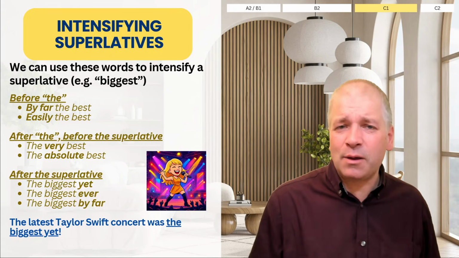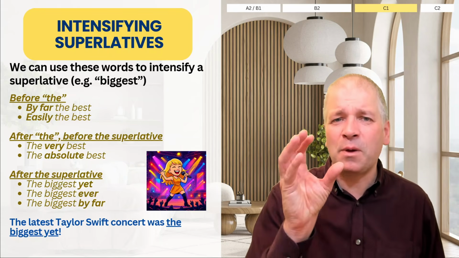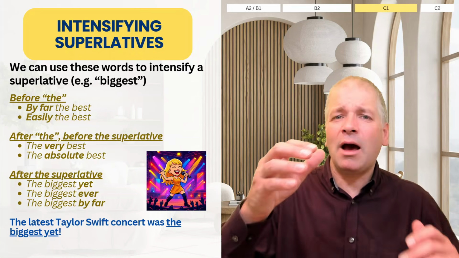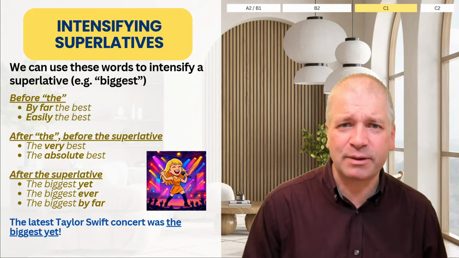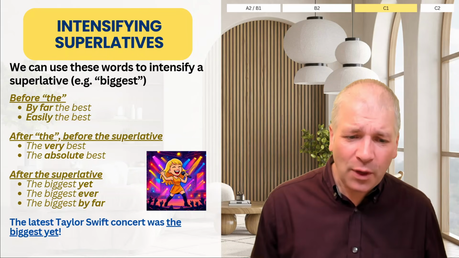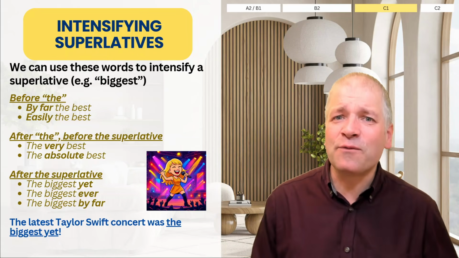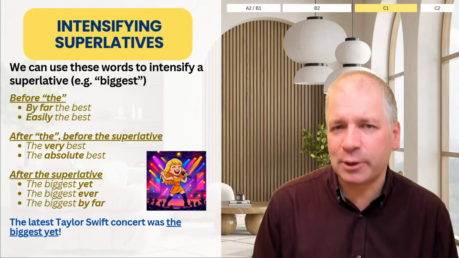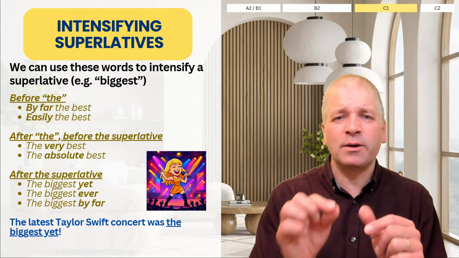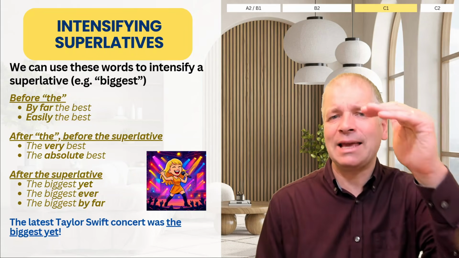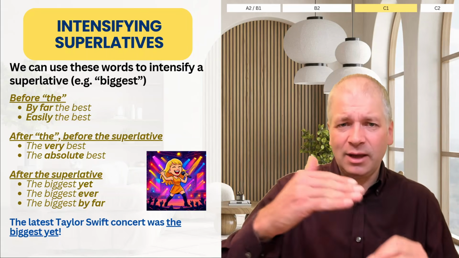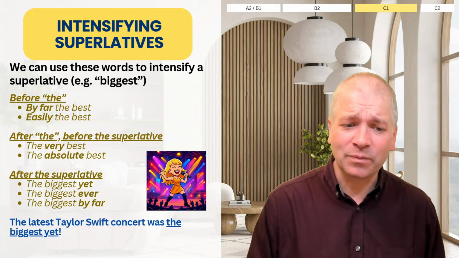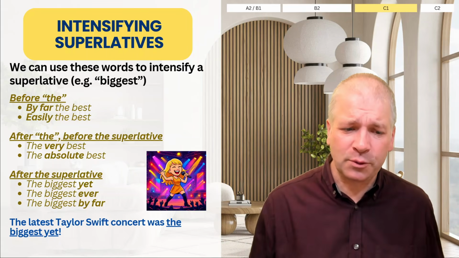And this means that not only is this person the best, but they're a long way ahead of the others. After the and before the superlative, the very best and the absolute best. And this emphasizes the fact that they are definitely, clearly at the top of a list of others beneath them.